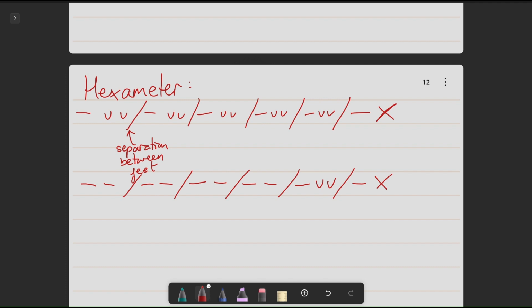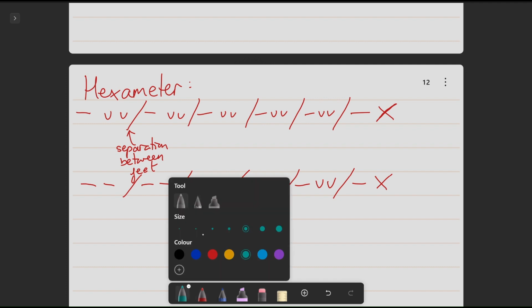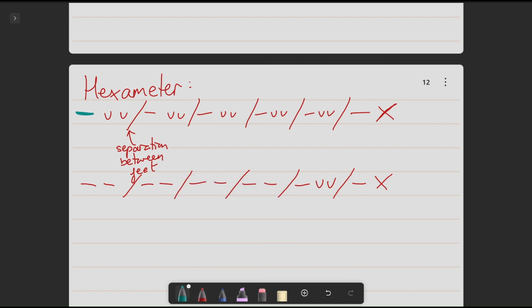So the first thing you can do, if you see a hexameter line, is make the first one long, because you know the first vowel is going to be long at the start, and then do the long, short, short, long, X on the end of them. Those are usually never going to change.